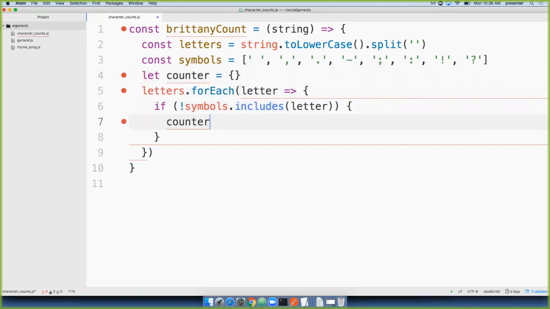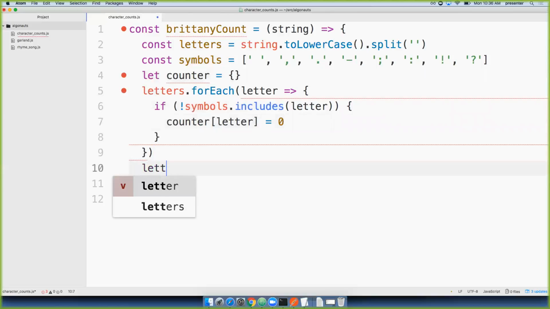The counter letter in brackets. Okay. Equals 0. Okay. So when that goes, it'll make an object with the letters as keys and then 0 as value.